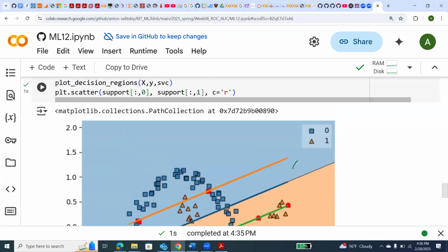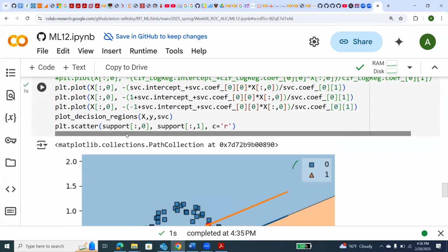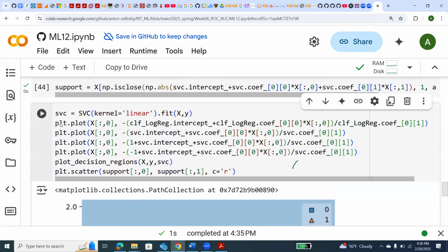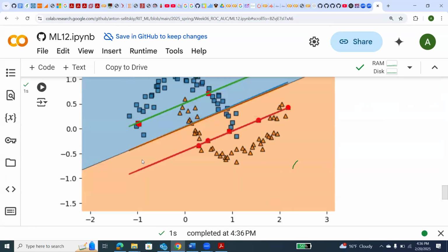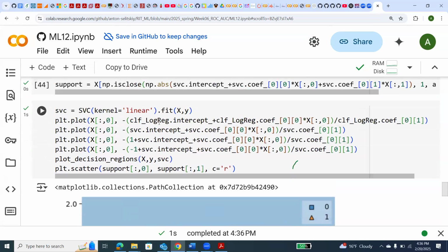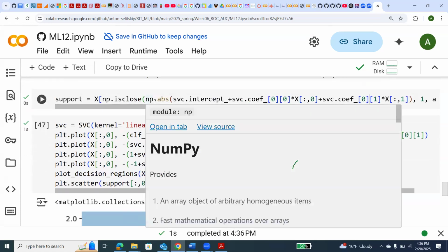Meanwhile, I will plot the decision boundaries for logistic regression and for linear regression on the same plot to show the difference. So, for example, for logistic regression, the decision boundary is close, but not the same. And I will plot for linear regression.